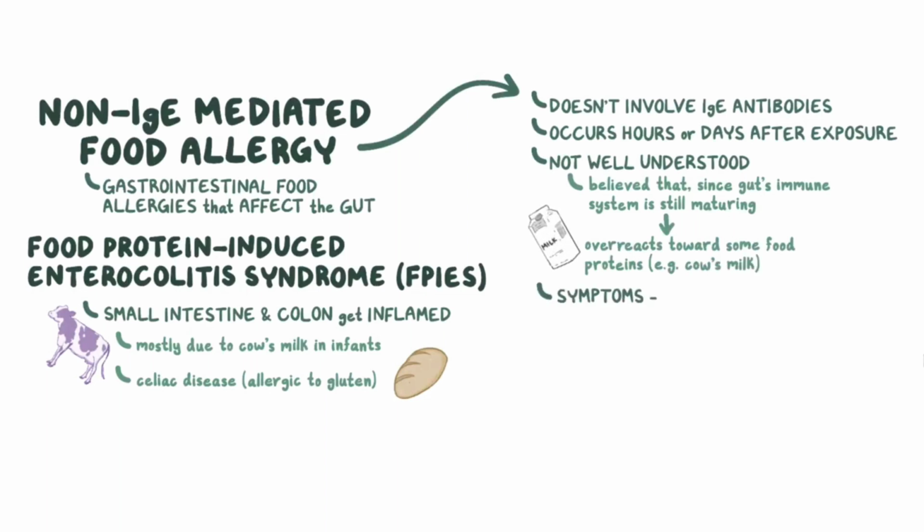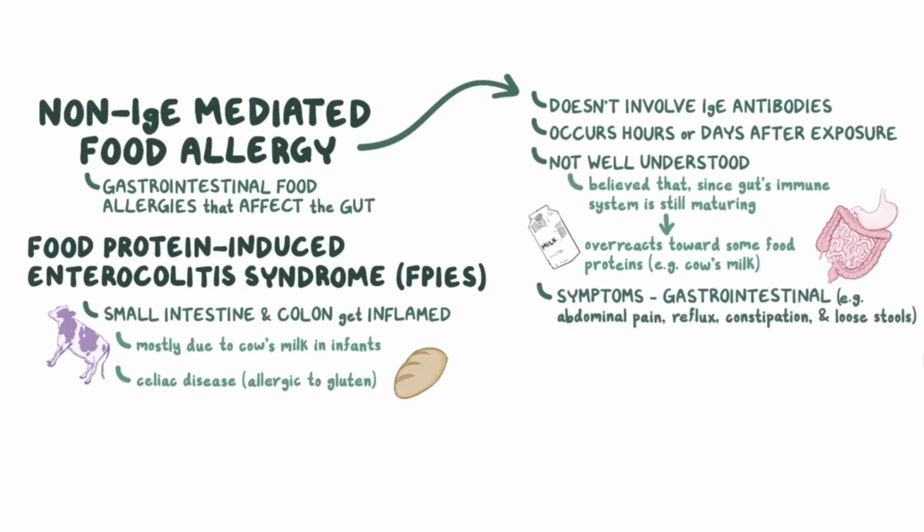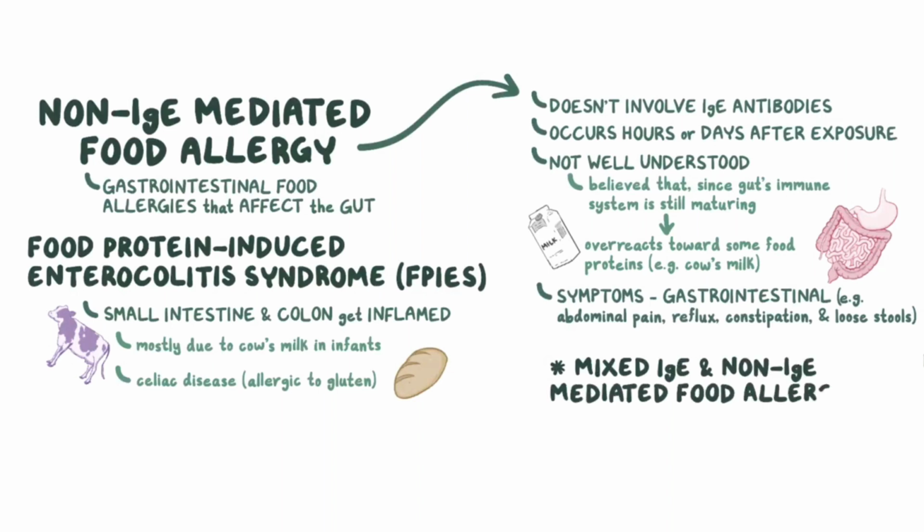The symptoms of the non-IgE mediated type are mainly gastrointestinal ones, like abdominal pain, reflux, constipation, and loose stools. Finally, some people develop mixed IgE and non-IgE mediated food allergies, and therefore they experience symptoms from both types.